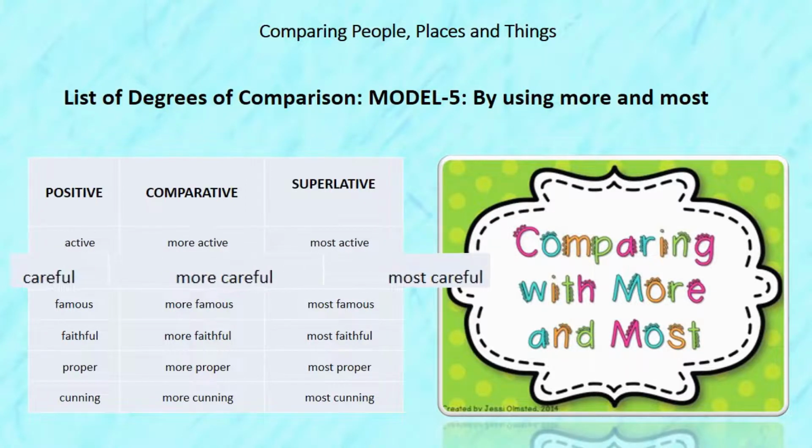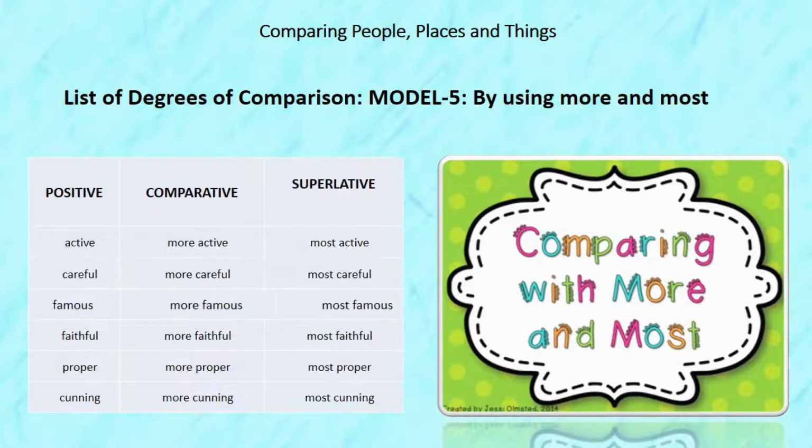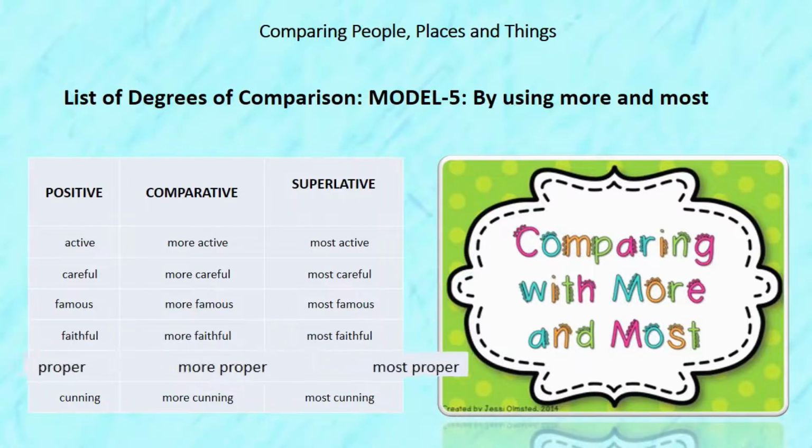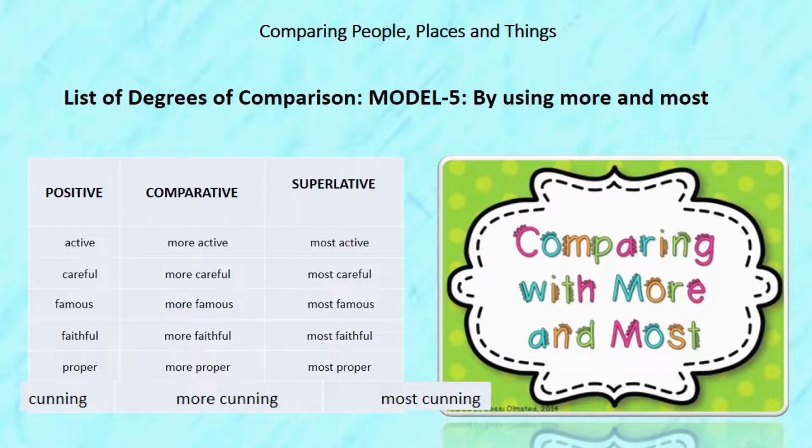Careful in the positive form becomes more careful in the comparative form, and most careful in the superlative form. Famous becomes more famous and most famous. Faithful becomes more faithful and most faithful. Proper becomes more proper and most proper. And finally, cunning becomes more cunning and most cunning.